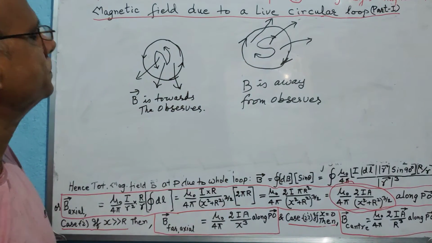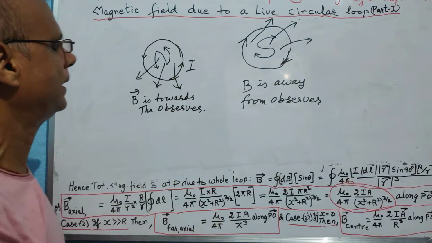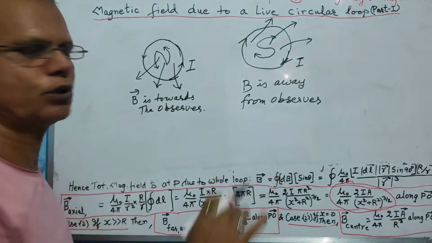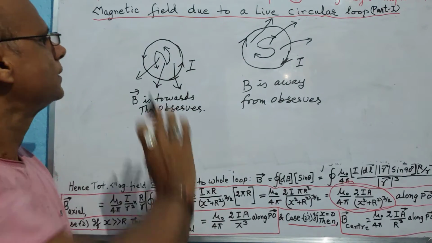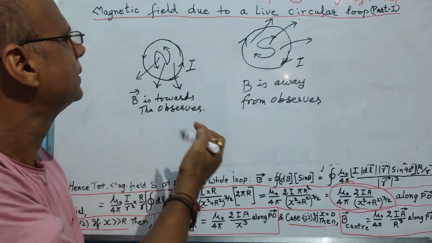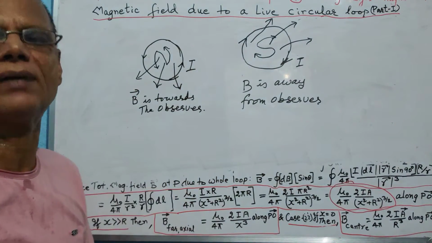If we have anti-clockwise current, it behaves like a north pole. If we have clockwise current as observed by the observer, you see, the same current looked at from the opposite side will appear anti-clockwise.